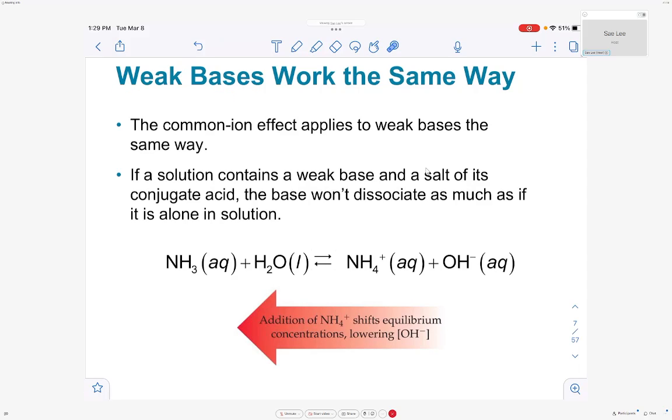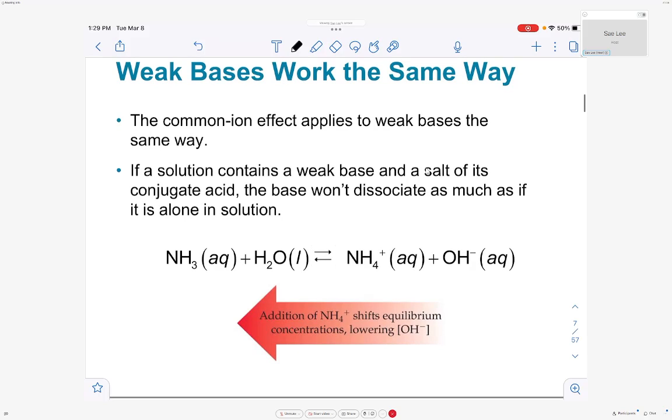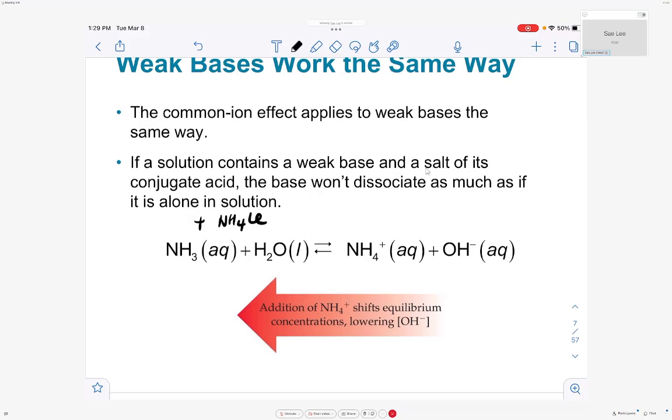If a solution contains a weak base such as ammonia, this is a weak base, right, and if it is mixed with a salt of its conjugate acid such as ammonium chloride, then due to the common ion NH4 plus, the base won't dissociate as much as when it is alone in the solution. Very similar to the acetic acid situation that we've just observed.